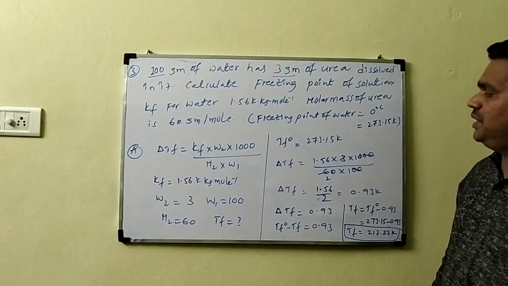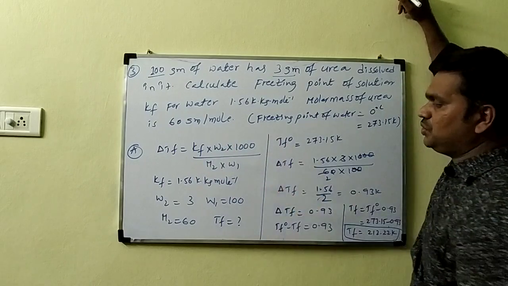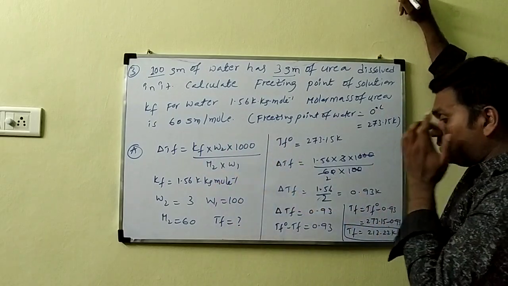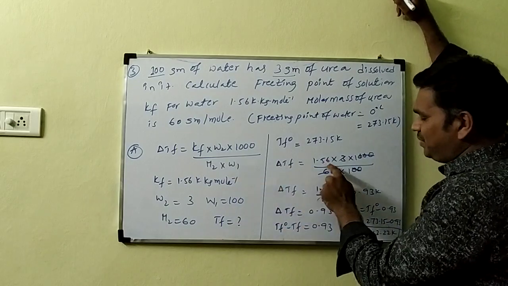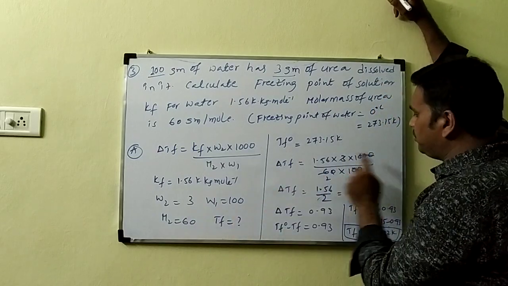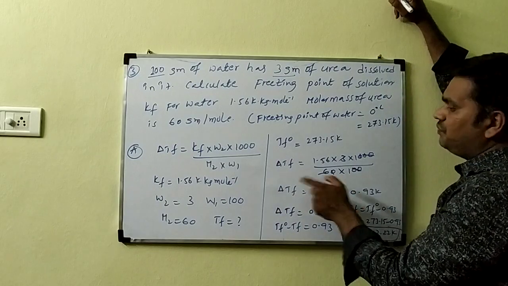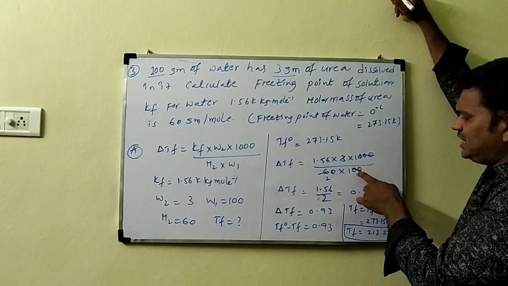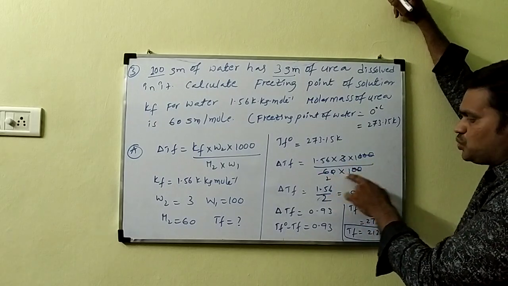273.15 Kelvin. Now what is the formula again? Delta Tf is equal to Kf into W2 into 1000 by M2 into W1. From this we write delta Tf is equal to 1.56, that is Kf, into 3 grams, that is the solute, into 1000 by 60, that is M2, into the weight of the solvent, 100. The two zeros cancel here, and 3 into 6, 2 times only.